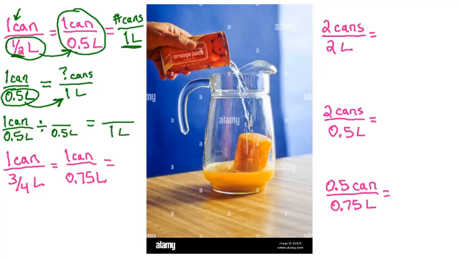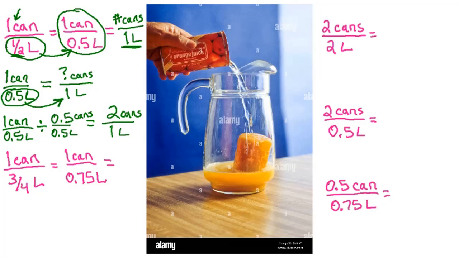So what we do on the bottom, we also have to do on the top. So 1 can divided by 0.5 is 2. So 2 cans in 1 liter.